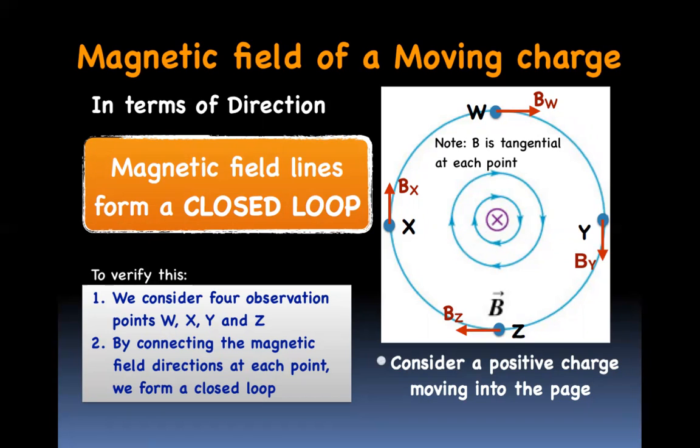Hence, we find that these tangential directions of the magnetic fields at points W, X, Y, and Z are forming a circular path. Hence, that corresponds to the magnetic field lines forming a closed loop.